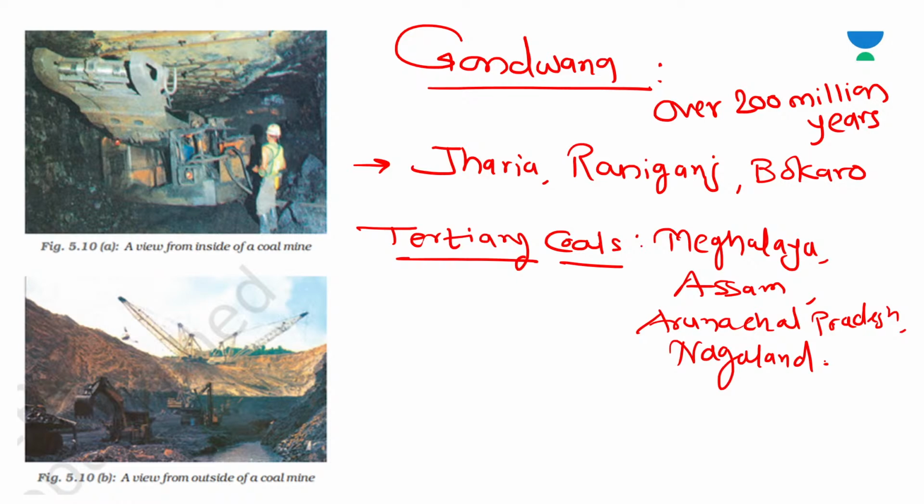Now, remember, coal is a bulky material which loses weight on use as it is reduced to ash. So, hence, heavy industries and thermal power stations are located on or near the coal fields.